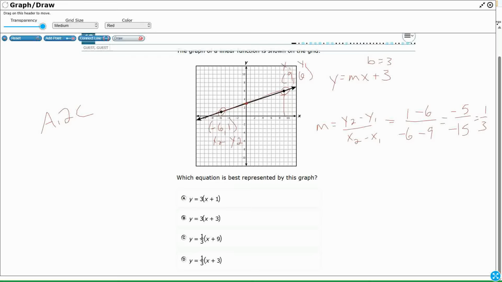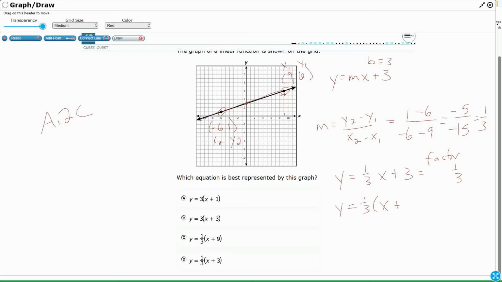So if I plug that in for my m, I'm going to get y equals 1/3 x plus 3. Now, I don't see a 1/3 x plus 3. If I want to factor out something, I could factor out a 1/3. So this would be y equals, I'm going to factor out 1/3 because that's the easiest thing to factor since that's my coefficient right there.